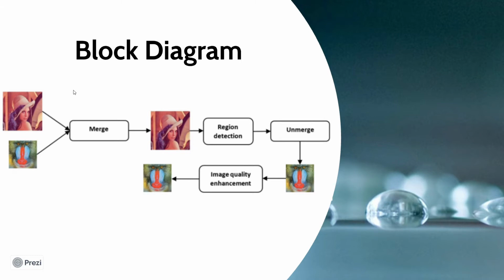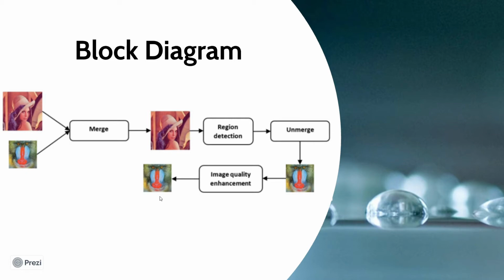As you can see, this block diagram is basically a common representation of all the three approaches which are used to implement this project. The first one, this image, is known as the host image. This image is known as the hiding image. This is the container image or the encoded image, whereas this is known as the revealed or the decoded image.